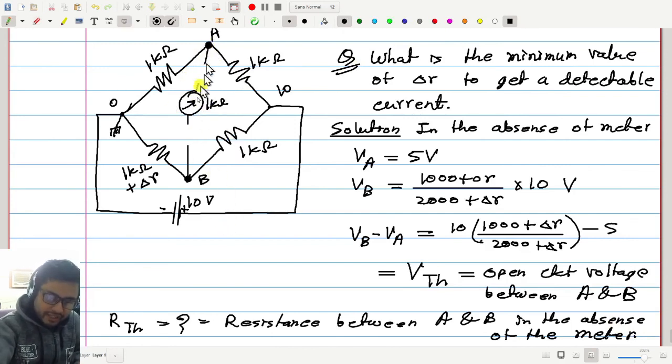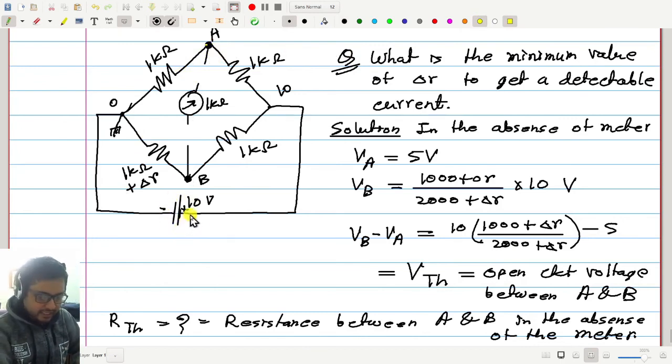Okay, now from here to here, how much is the resistance? To find the resistance we have to replace this voltage source with its internal resistance, that means a short circuit in this case.